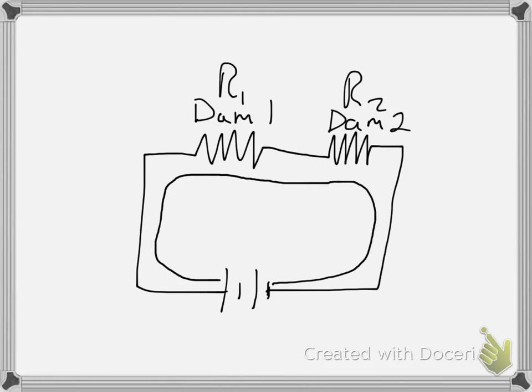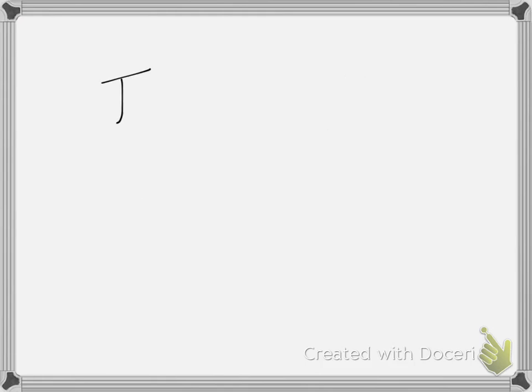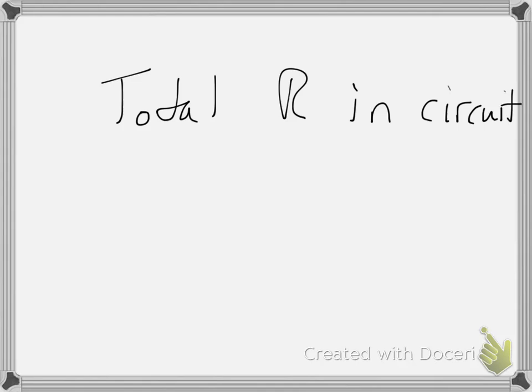And so what that means is that the total resistance in the circuit is just going to be the sum of R1 plus R2. The total resistance in the series circuit is just the first resistance plus the second resistance. That'll be the total.